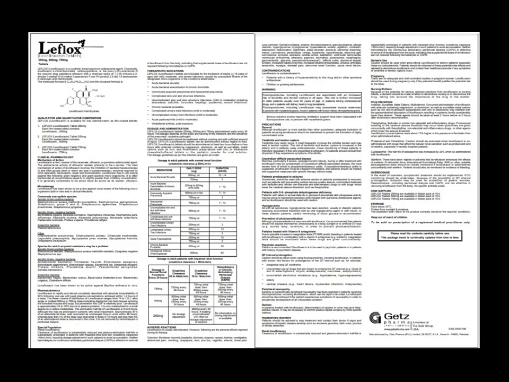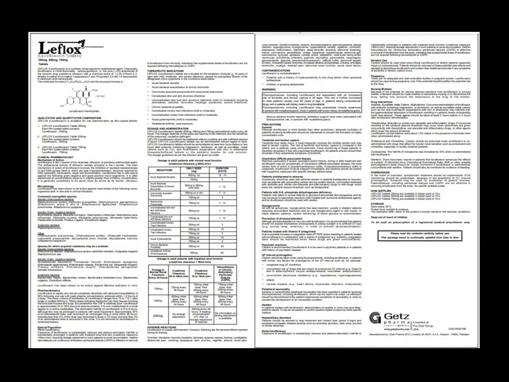For uncomplicated skin and soft tissue infections, 500 mg given for 7 to 10 days. For complicated skin and soft tissue infections, 750 mg given for 7 to 14 days. For uncomplicated urinary tract infections, 250 mg given for 3 days. For complicated urinary tract infections, 250 mg given for 10 days or 750 mg for 5 days.